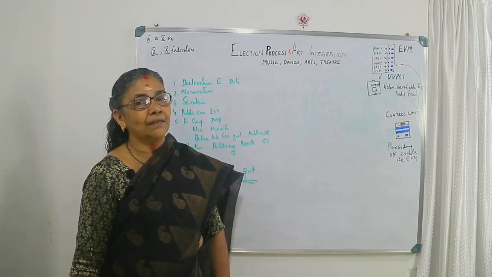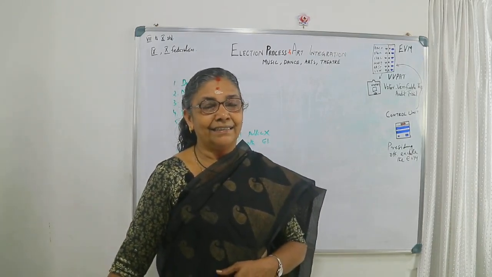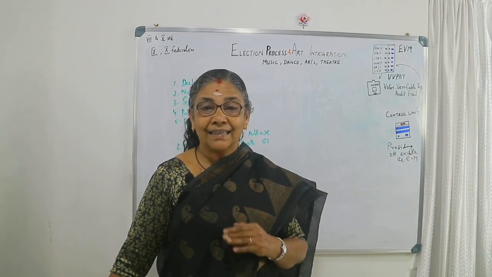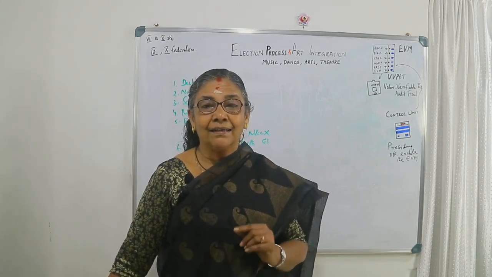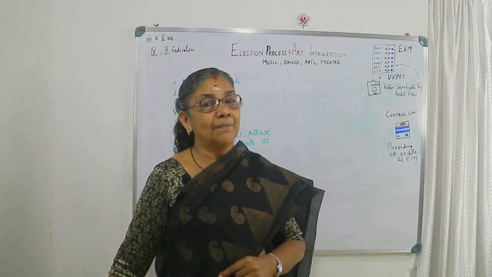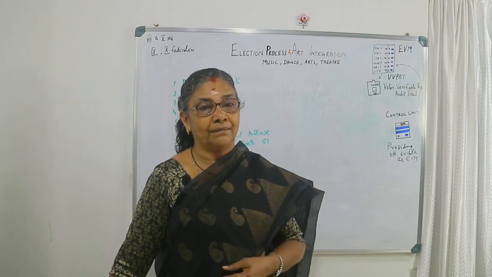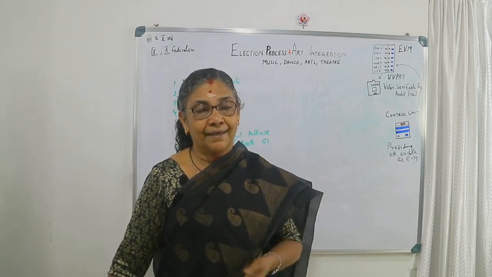First of all, the election commission will declare the election date. After declaring the election date, the election commission will announce the last date for the submission of candidates. That is, the candidates have to submit their application as a candidate.